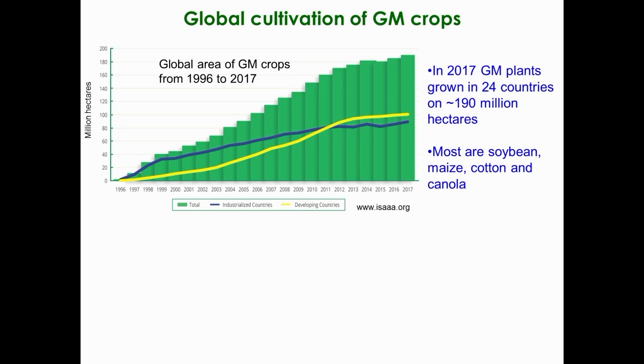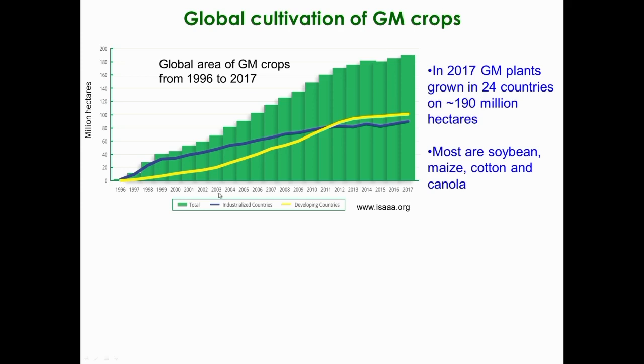So GM crops are being quite substantially cultivated, as we can see in this graph here. Since their introduction in the mid-90s, there has been a year-on-year increase in their cultivation by farmers across the globe, so much so that about 200 million hectares of GM crop is now being grown across the planet.